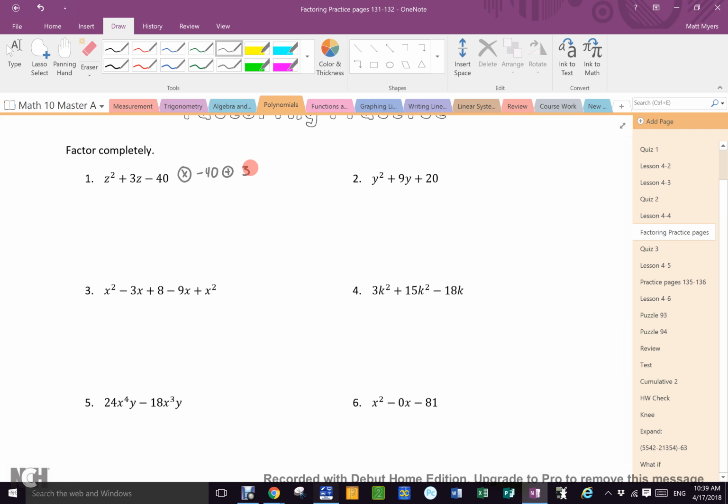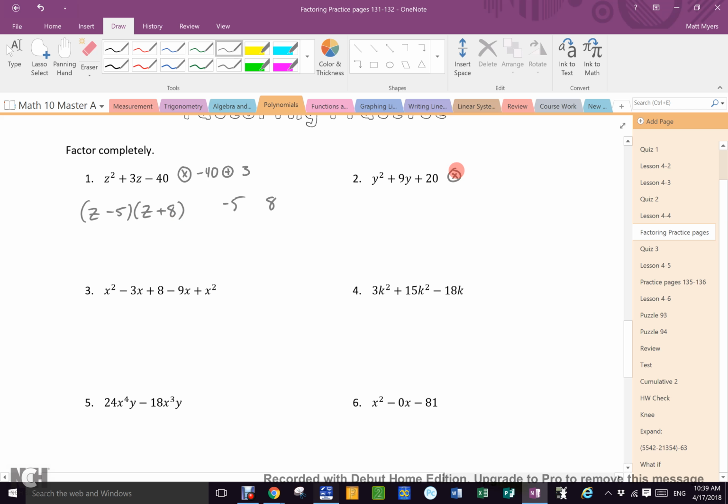No. 4 and 10? 5 and 8? 5 and 8 won't make 3 in any way. How would I make 5 and 8 get me 3? Is it 8 minus 5 or 5 minus 8? 8 minus 5. So it's Z minus 5 and Z plus 8. Everybody good? Okay, what's the next one?